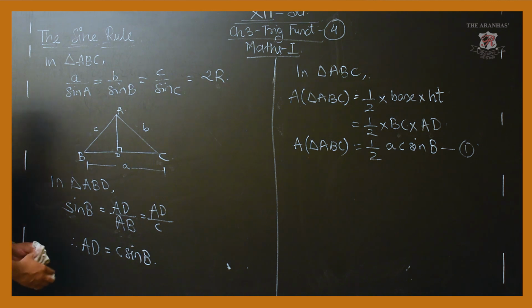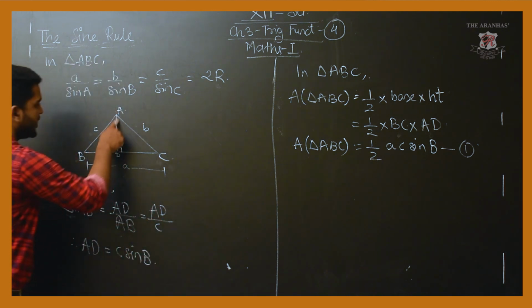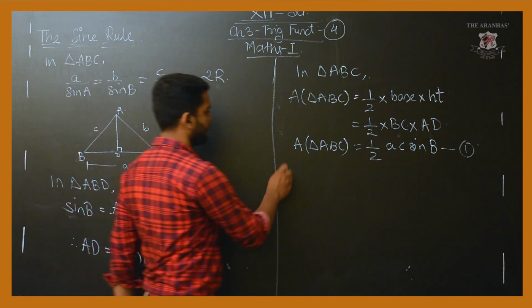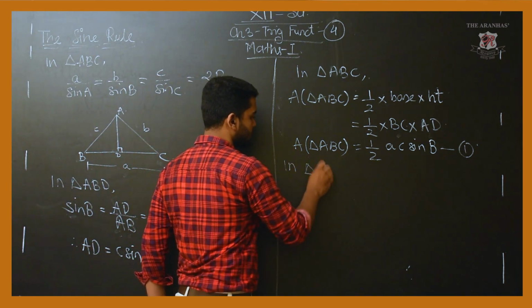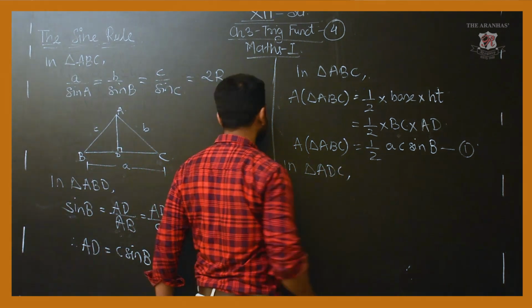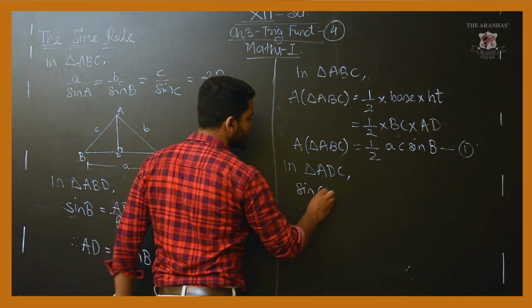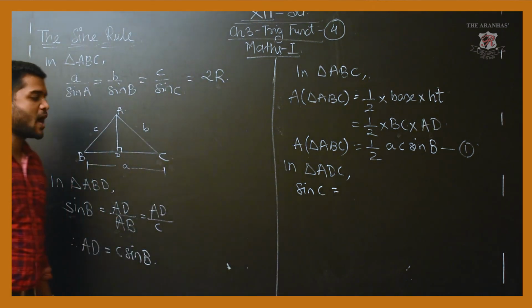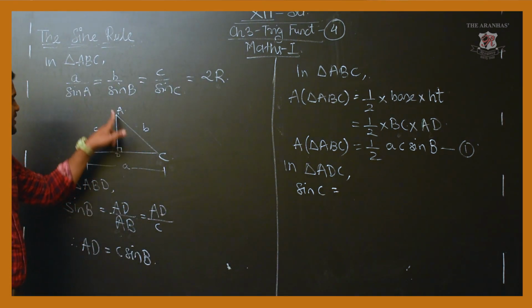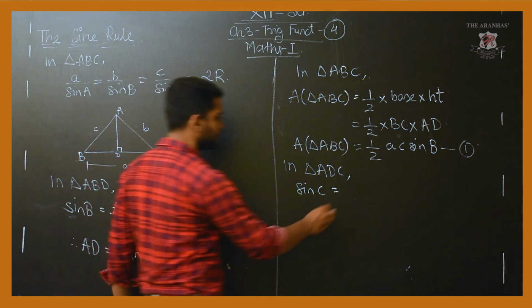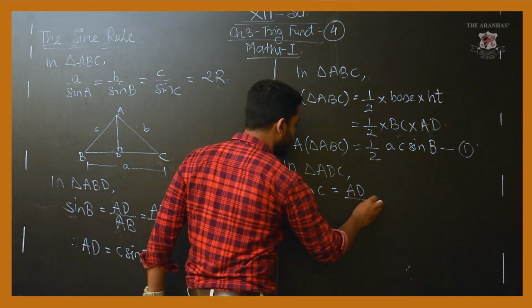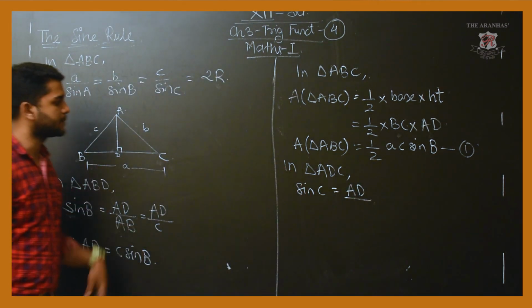Now after that, come to the triangle ADC. Sin C can be written as opposite upon hypotenuse. What is the opposite of sin C? That is AD upon the hypotenuse AC.